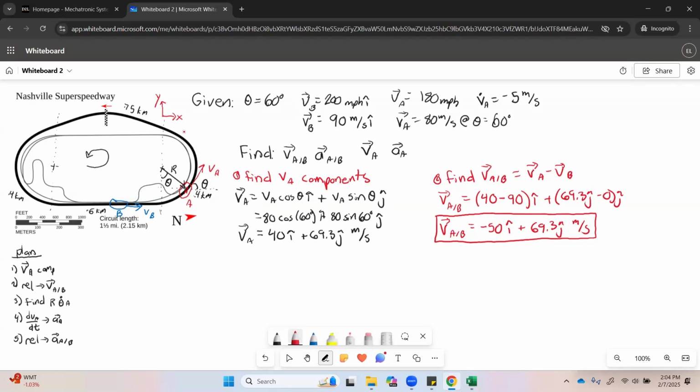Soon it will be going straight in the Y, and then it'll go in negative Y. So right now, A is going in the positive X direction, but not as fast as B is. And since it's slower than B in the X direction, its velocity will appear negative to B. So the absolute velocity in the X direction for A is positive, and the relative velocity of A with respect to B is negative because B is catching up to A.